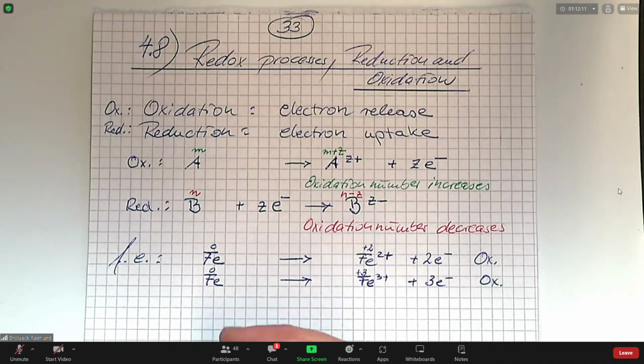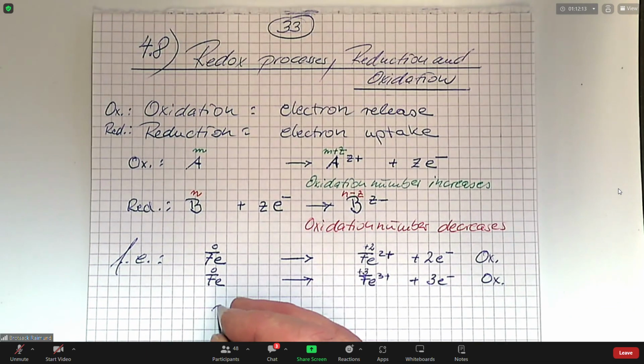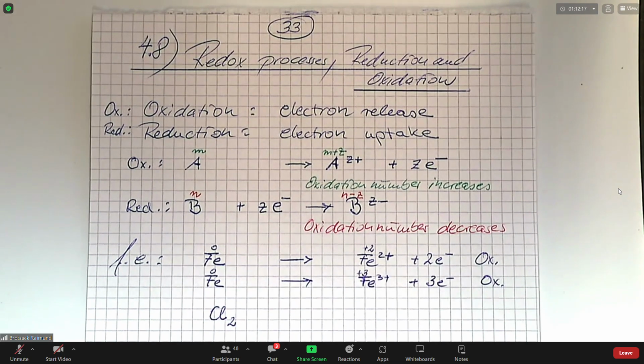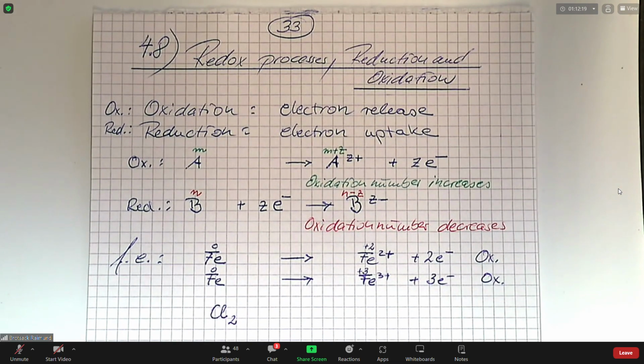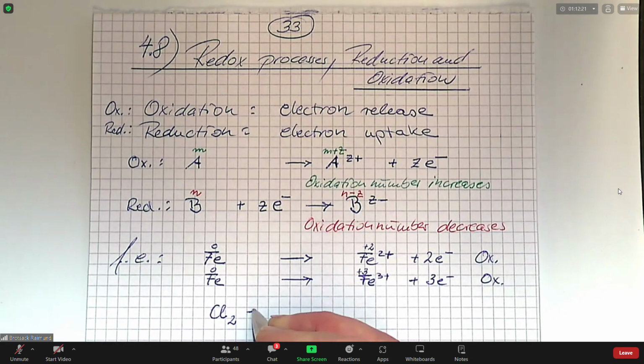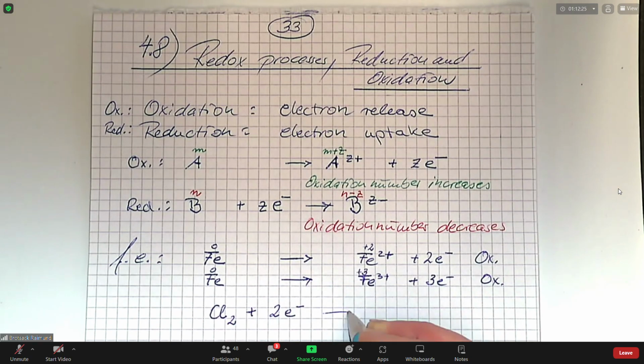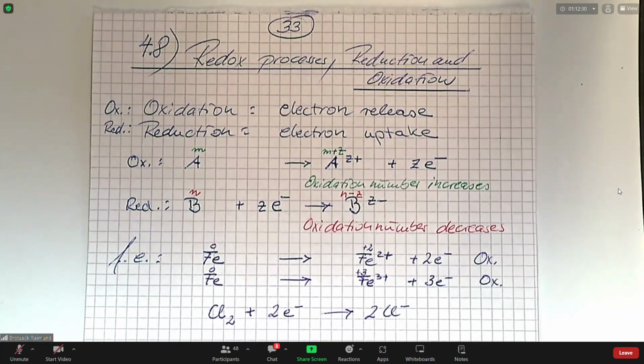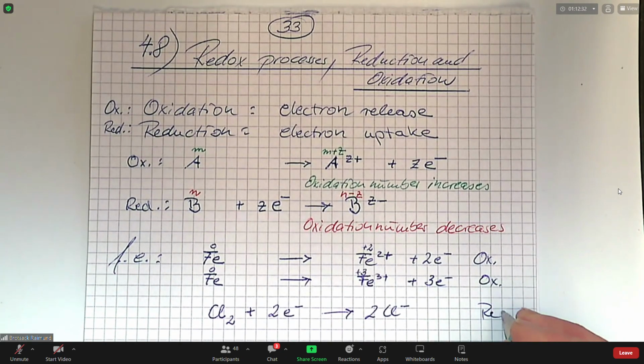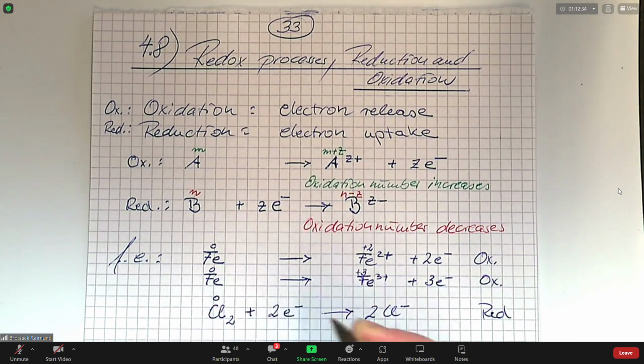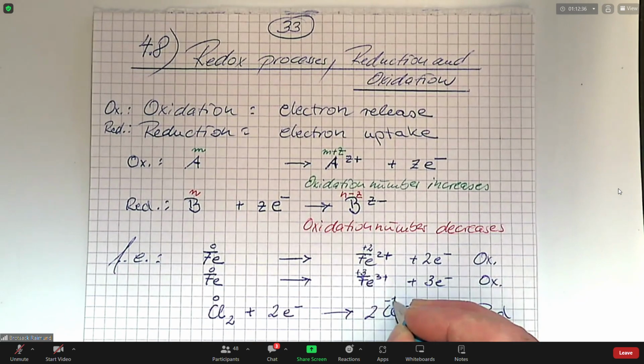So, well, let's look at the reduction. We have Cl2, the chlorine gas. Now we add 2 electrons, 1 to each atom, and we end up with 2 chloride anions. That's a reduction: from 0 to -1.